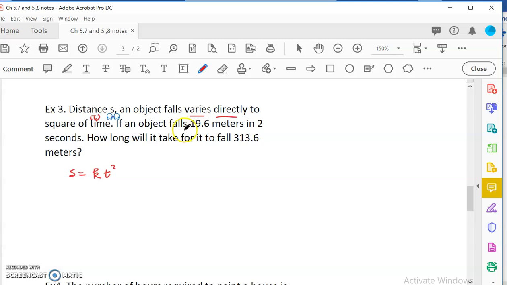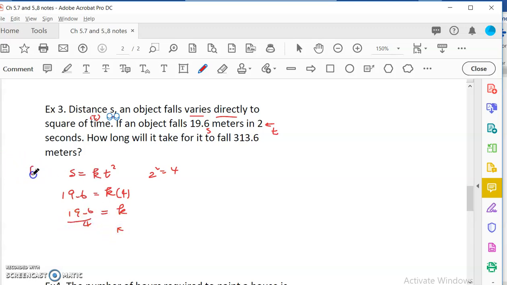And you have an object falling 19.6 meters. So this is the distance s, and 2 seconds is the time t, right? So we will always be given a set of known numbers: 19.6 meters equals k times 4, since 2 squared is 4. So then k would equal 19.6 divided by 4.